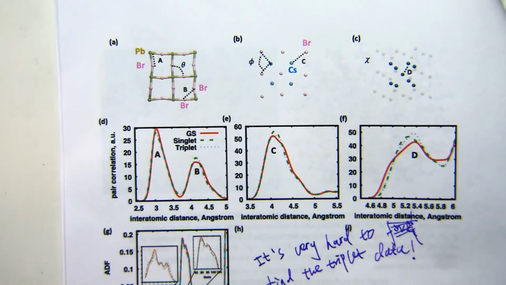So the top row is the key for interpreting. First three panels are key to read the next three panels.